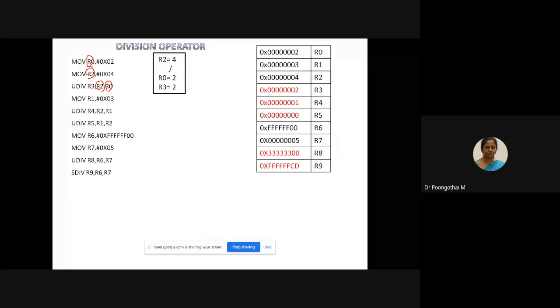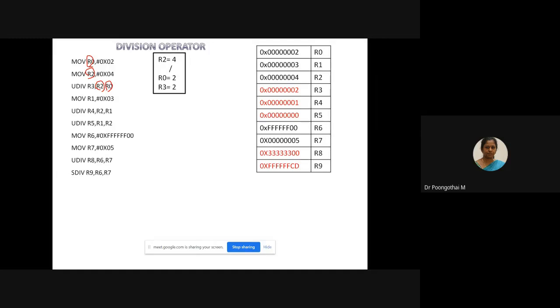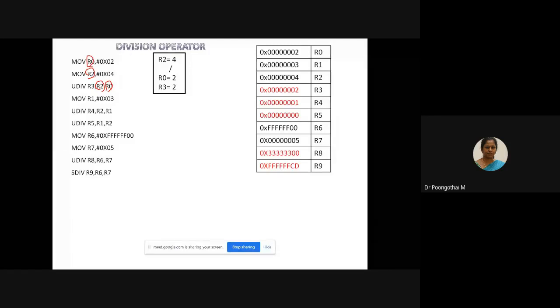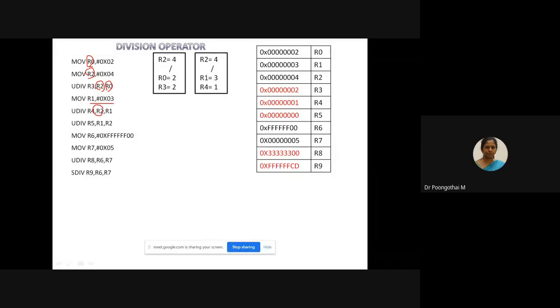So, next case, I am going to divide 4 by 3. Let's see what happens when we divide 4 by 3. That is, your R1 is loaded with 3 and R2 holds 4. So the operation is R2 divided by R1, which means 4 divided by 3.